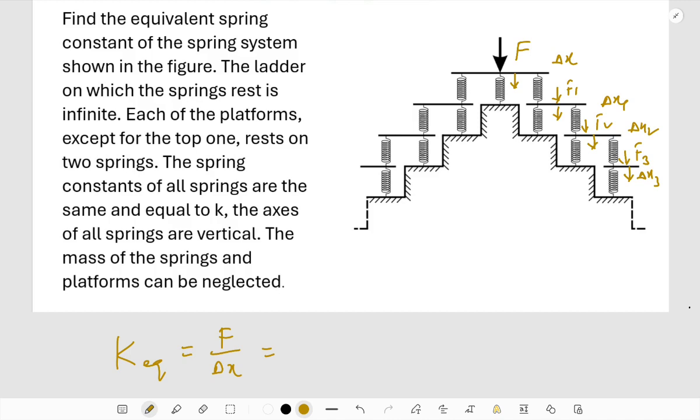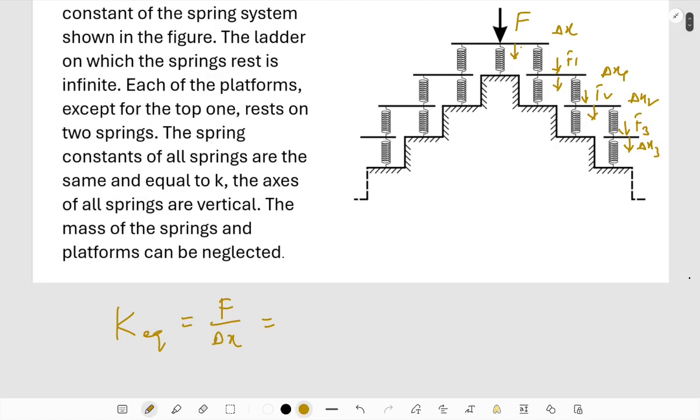On the uppermost platform, the first force will be the F applied by some external agent. And then there are two kinds of springs, one of this kind and one of this kind.